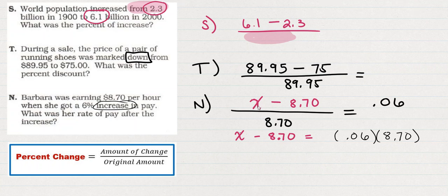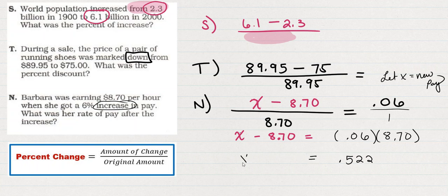So if I let x equal new pay, I know that the new pay is going to be higher, so I'm going to put the new pay first. The new pay minus her old pay will give us the increase amount, the amount of change. When I divide that by $8.70, I should get 6%, or 0.06. To solve this, I could think of it as a proportion over 1, and so cross multiply 8.70 times 0.06, and that's going to give me 0.522.